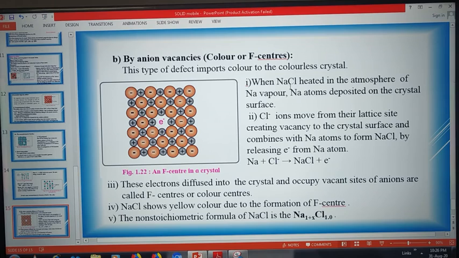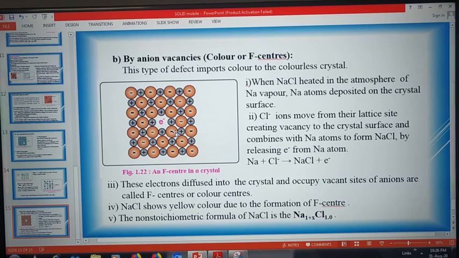So when sodium chloride is heated in the atmosphere of sodium vapor, sodium atoms are deposited on the crystal surface. So whenever we heat that sodium chloride, the sodium atoms get deposited on the surface of this crystal. Due to the presence of this sodium atom on the surface of the crystal, what happens?